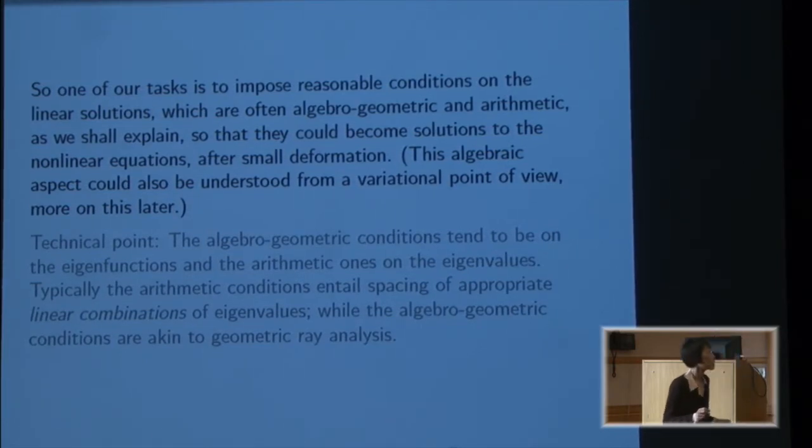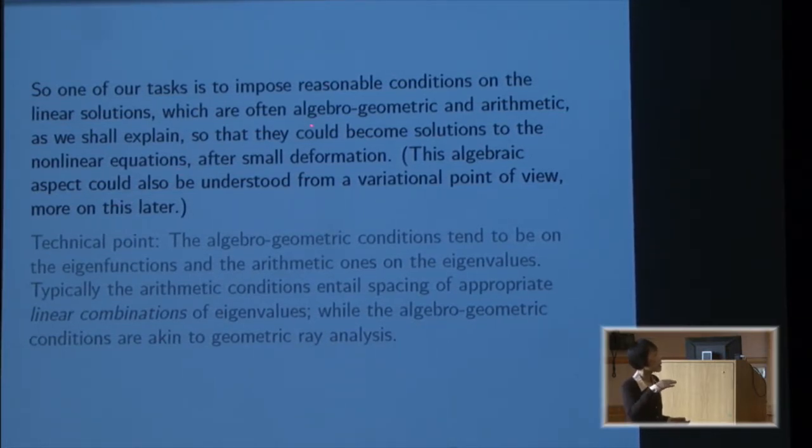Yes. So what I want to say, a priori, you need to impose some geometric conditions and sometimes also arithmetic conditions on the linear solutions themselves in order to be able to continue them. It's a priori necessary, I think, so that they could become solutions to the nonlinear equations after small deformation, right?